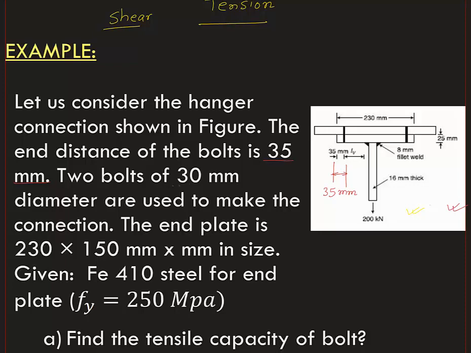This distance is given and this is 35 mm. Two bolts of diameter 30 mm are used to make this connection. So we have two bolts, one bolt is here, another bolt is here, and the diameter of each bolt is 30 mm. The end plate is 230 by 150 mm cross section. So this is the dimension of the end plate. This distance is 230 mm, and the perpendicular distance that will go inside the plane of this figure, that dimension is 150 mm.